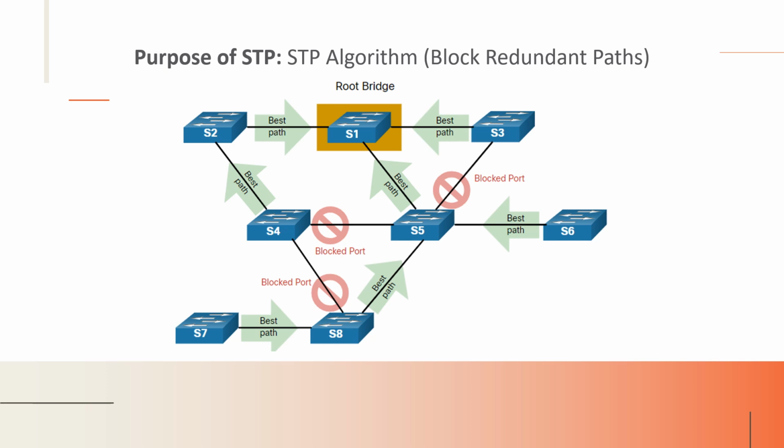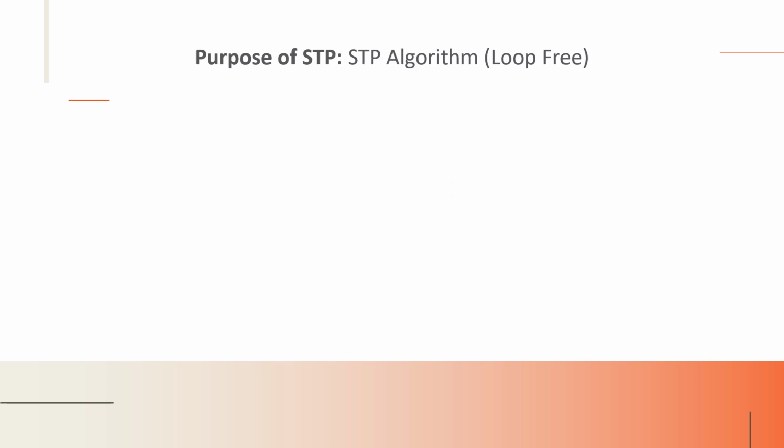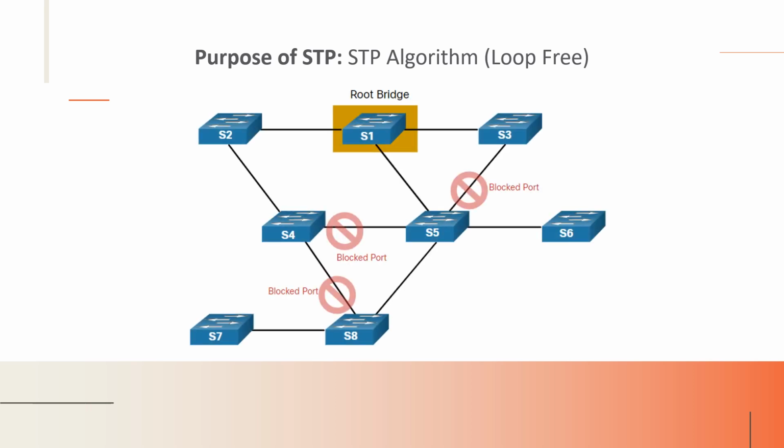Blocking the redundant path is critical to prevent loops on the network. A blocked port has the effect of making that link a non-forwarding link between the two switches, as it is shown here.